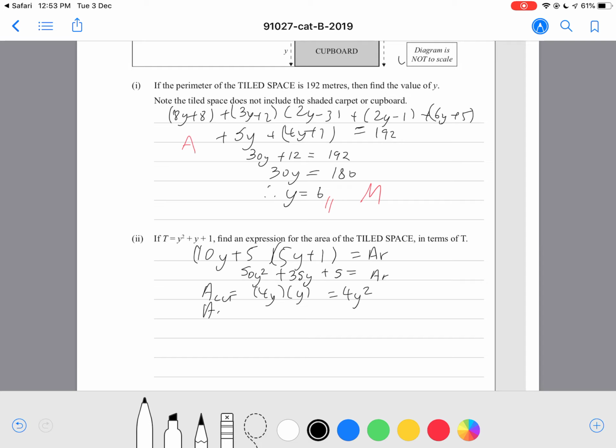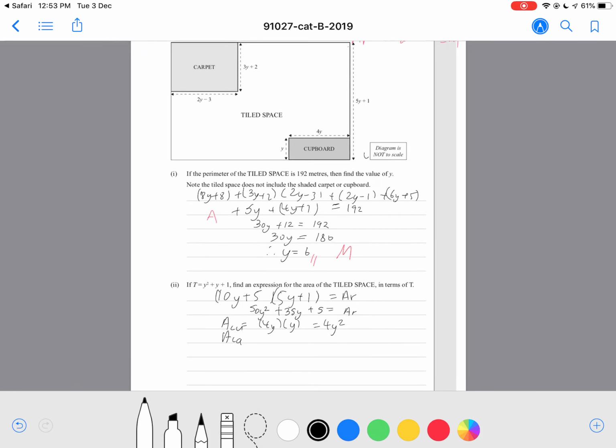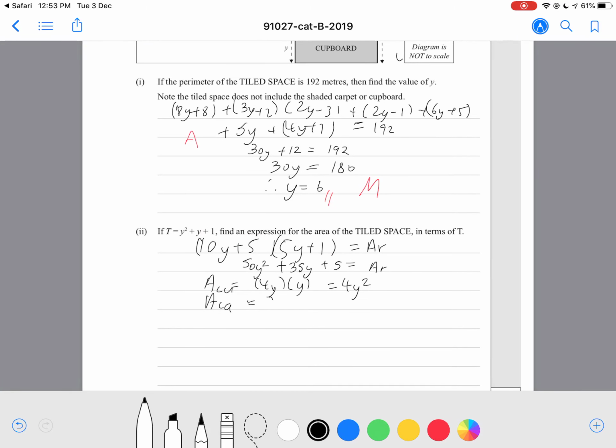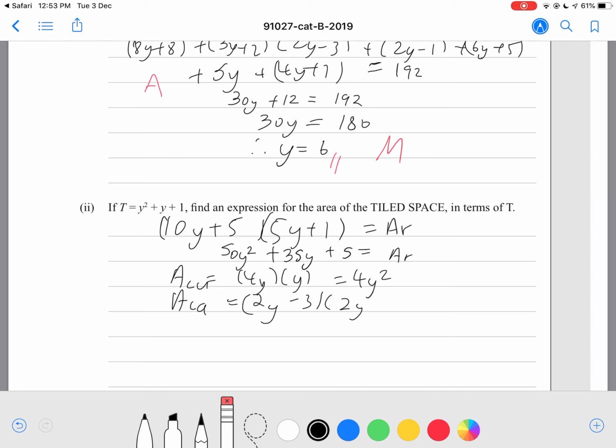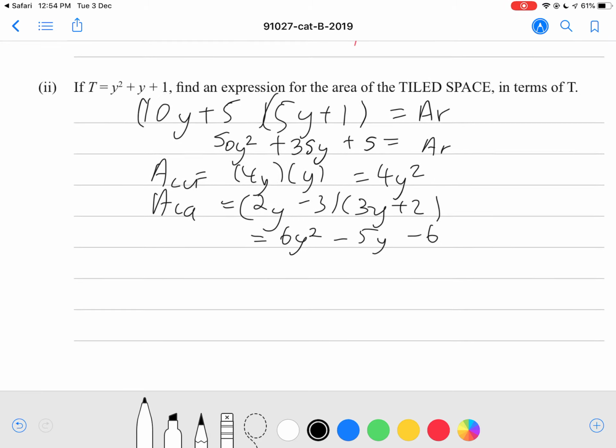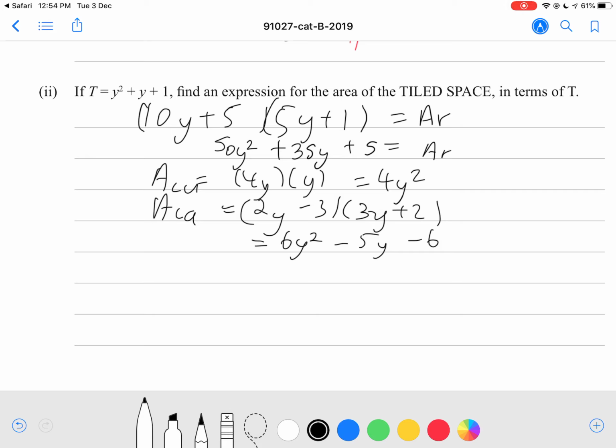The area of the carpet is 2y minus 3 times 3y plus 2, so this equals 6y squared, negative 3 times 3y is negative 9y, plus the 2 times 2y is 4y, so negative 5y, minus 6. Okay, if we add the area of the cupboard and the area of the carpet, that equals 10y squared minus 5y minus 6.